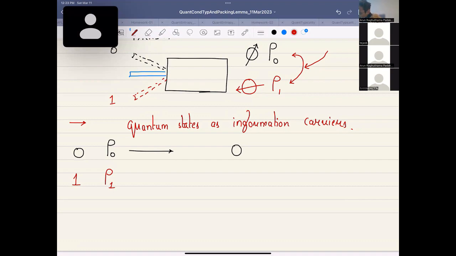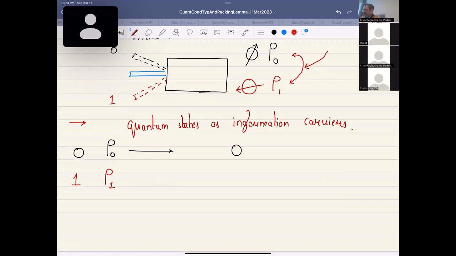So if the guy who is the intended destination of this information is able to distinguish between rho_0 and rho_1, then you have absolutely no trouble, because you put it in 0, he can tell you it is rho_0. If you put it in 1, he can tell you it is rho_1, and then you're done.